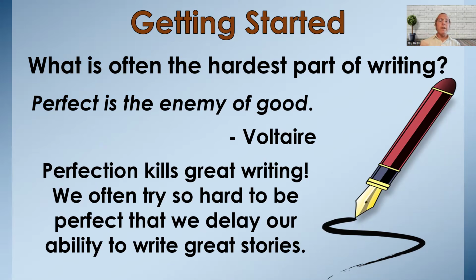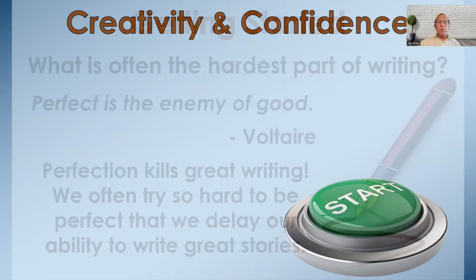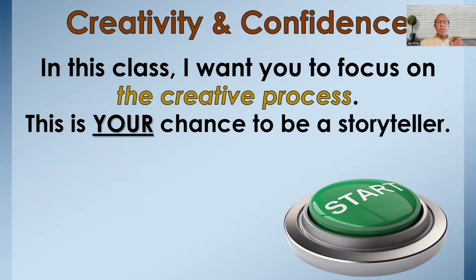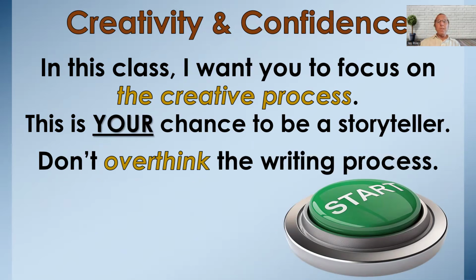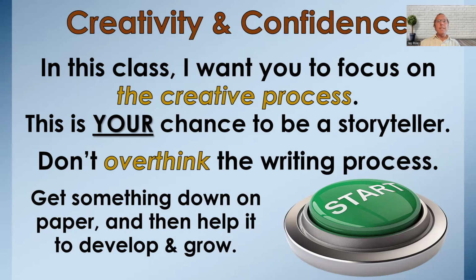Perfection can kill great writing. Get your ideas down on paper. And that's what I want you to do in this course. I want you to focus on writing great stories. I want you to focus on the creative process to become more confident and remember that you are becoming a storyteller. Don't overthink the process. Get your ideas down. You can always go back and improve them.